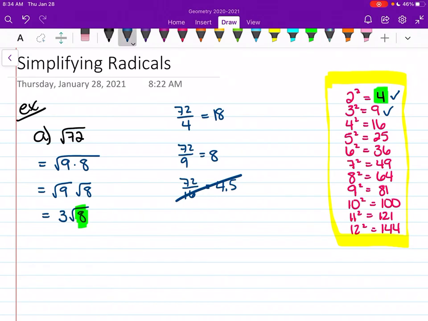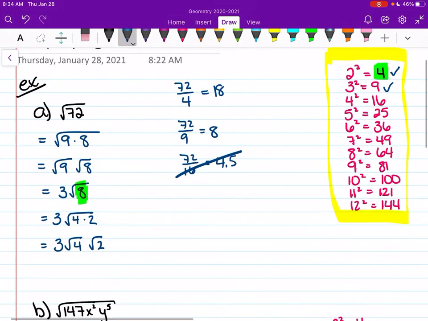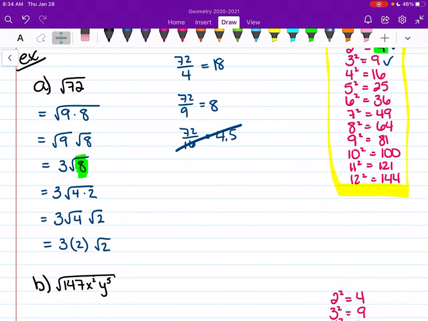So then I can continue to simplify, and I can rewrite that square root of 8 as the square root of 4 times the square root of 2, because 4 times 2 is 8. And then the square root of 4 becomes a 2, so I get 3 times 2, and then that other 2 stays in the radical. So then my final answer here would be 6 square root of 2.